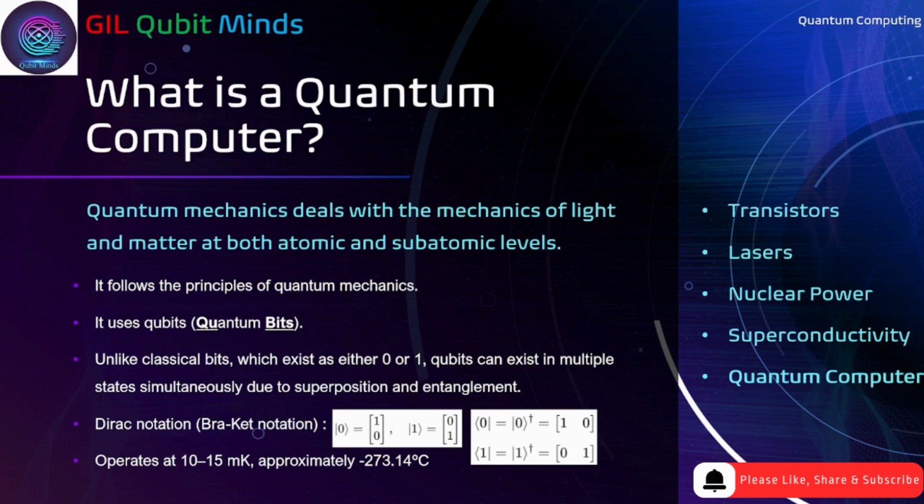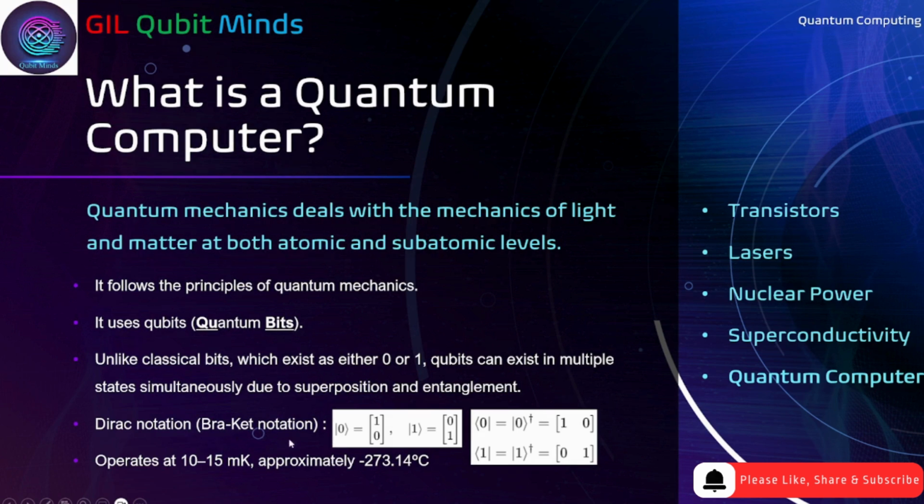But in a quantum computer, 0 and 1 can coexist simultaneously due to superposition and entanglement. We'll see how superposition and entanglement work in later videos.